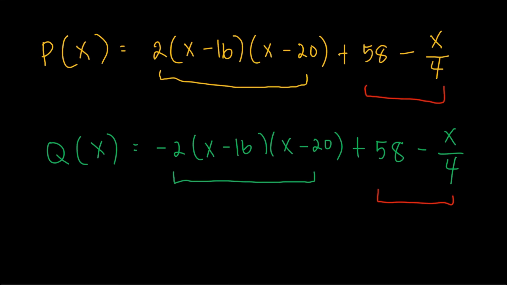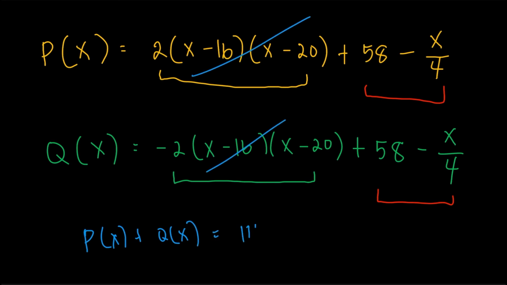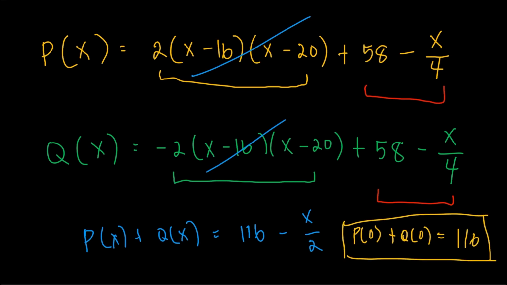So if I add the two, I get p(x) plus q(x), and this middle part gets cancelled out. That should equal 58 plus 58, which is 116, and then 2x over 4, which is x over 2, subtracted. If I substitute x to be 0, I get that p(0) plus q(0) is just 116 minus 0 over 2. That's simply 116, and this will be our final answer.